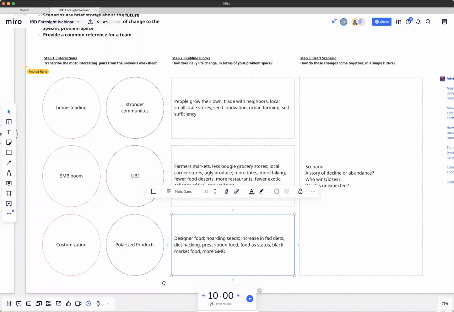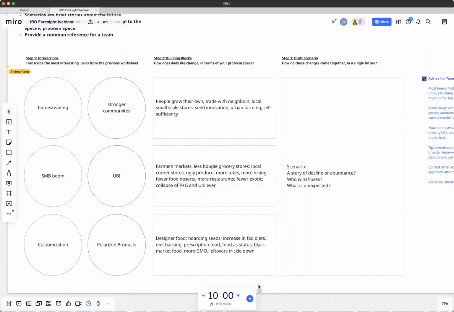Inefficiencies in supply chain. Flood of foodie photos on Instagram. Pretty sure that already happens. Maybe that's the Seattle food culture tunnel that I live in, but.